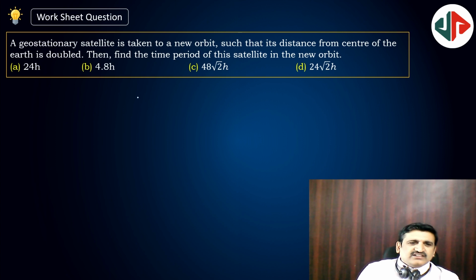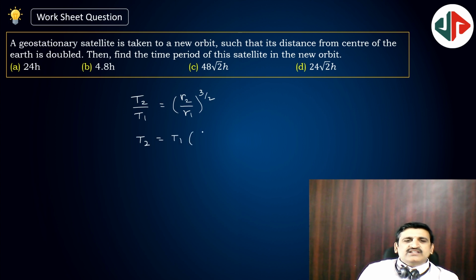First of all, time period we want. So T2 by T1 is equal to R2 by R1 whole to the power of 3 by 2. T2 we have to find out. R2 is 2 times R1, they said, by R1 whole power 3 by 2. R1 gets cancelled.